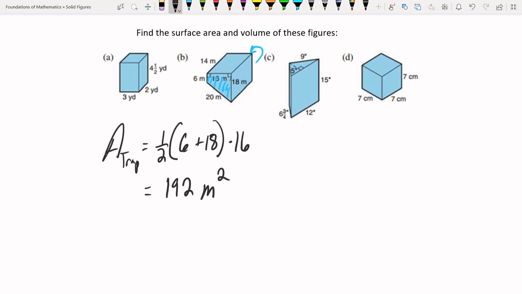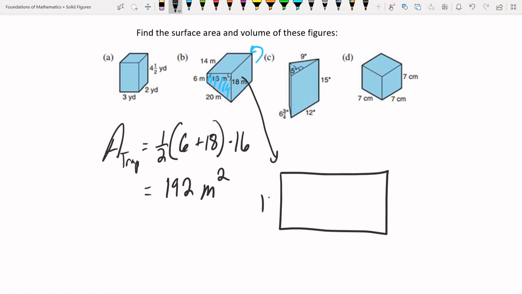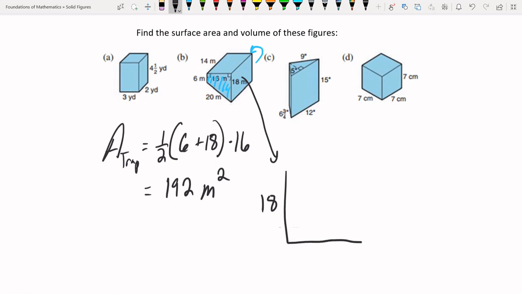Okay, for this side, or let's say right hand side, it has a height of 18. So imagine taking this out, and it looks like this. It has a height of 18, and then I actually drew this improperly because the height is longer than the width, because the width is 14. This 14 is the same thing here and here.